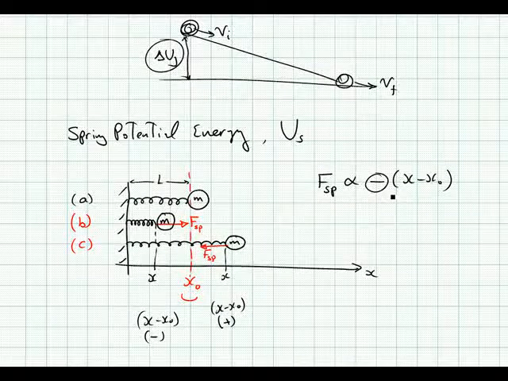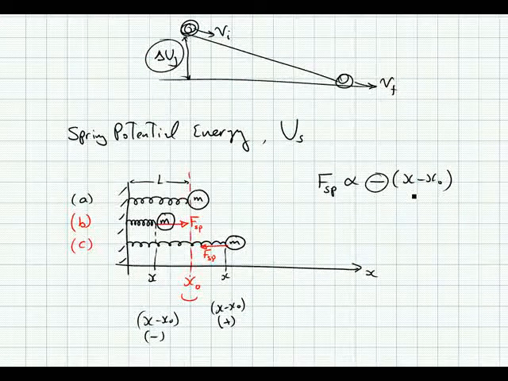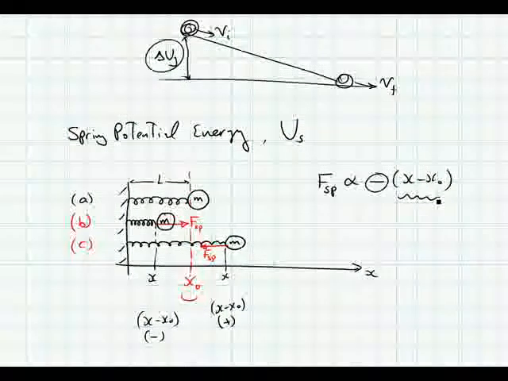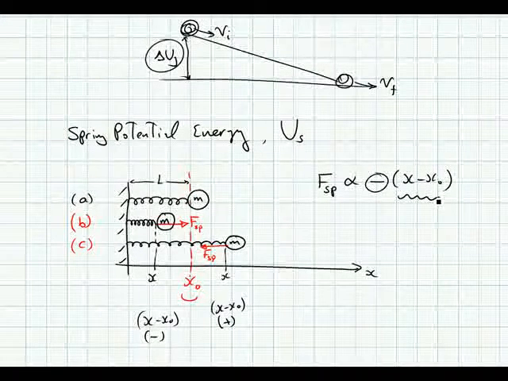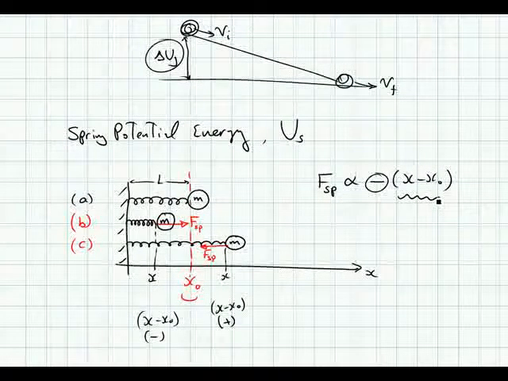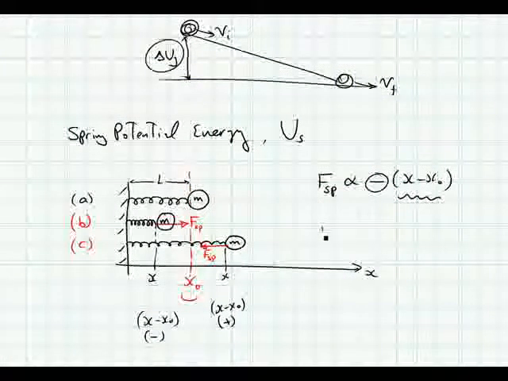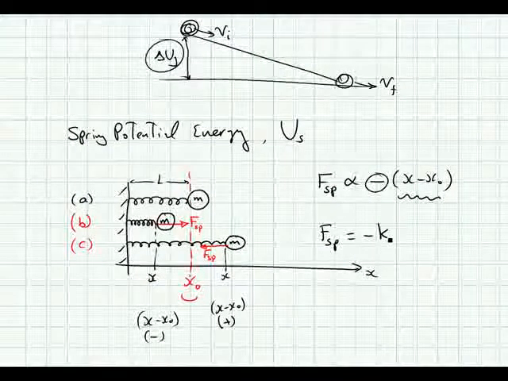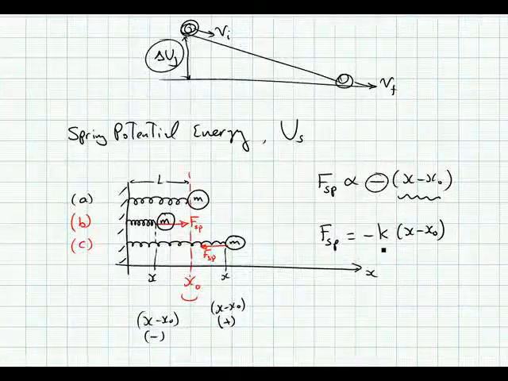So the spring force is proportional to the negative of x minus x naught. The more you compress or stretch the spring, the greater the magnitude of the spring force. And the spring force is given by minus k(x minus x naught), where k is a constant.